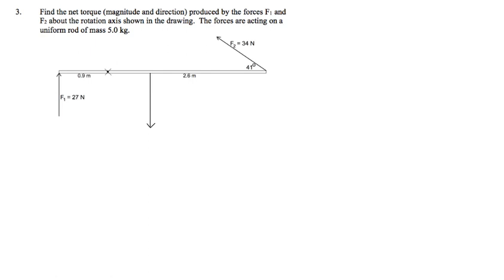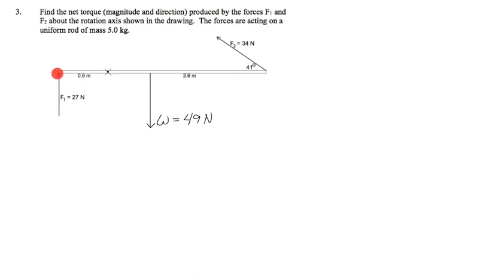The weight is going to equal 49 newtons, because 5 times 9.8 is 49 newtons. So now that's my completed free body diagram, because it has all the forces that are causing this thing to rotate. Now, the pivot point in this problem is given as right there.